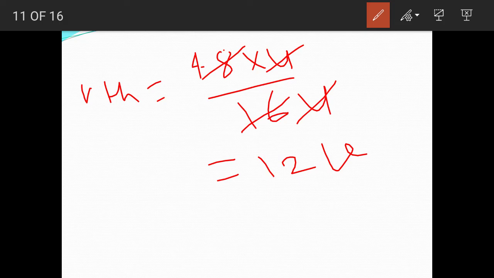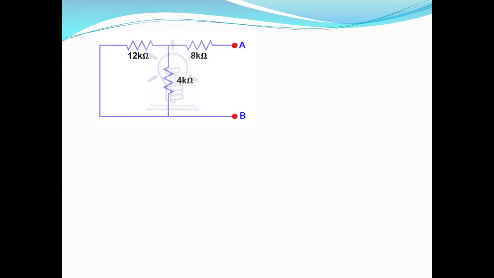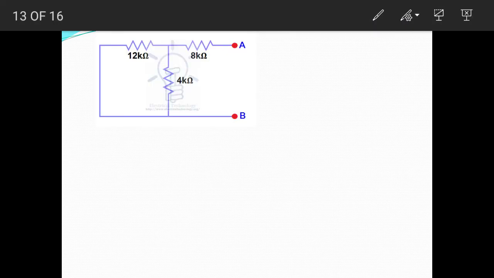So the value of VTH is 12 volt. Now in the next step, we have to calculate RTH. RTH is the equivalent resistance from the load terminal side.